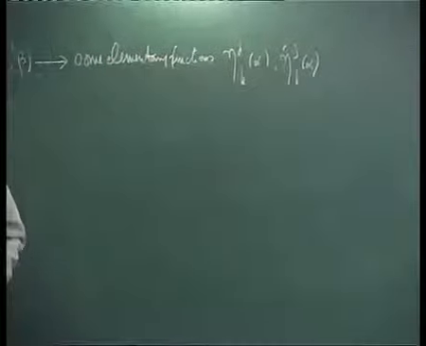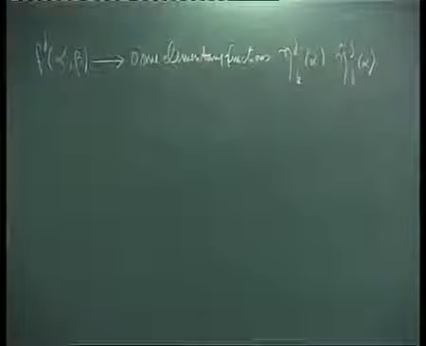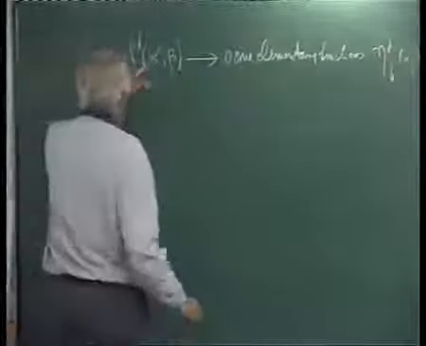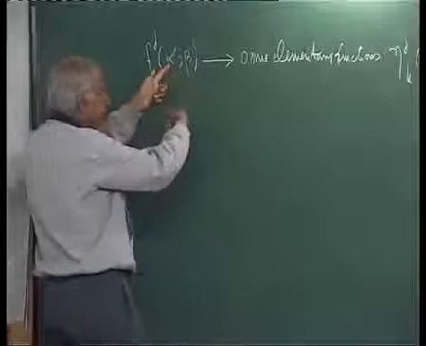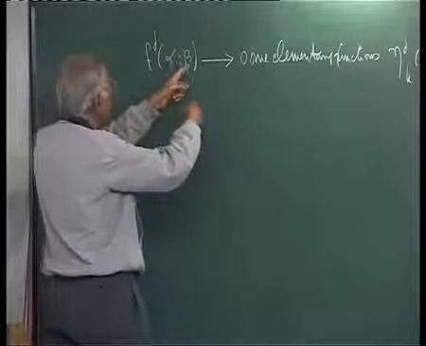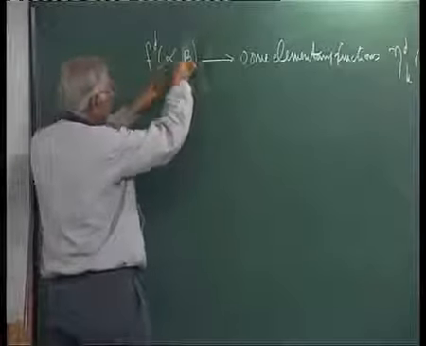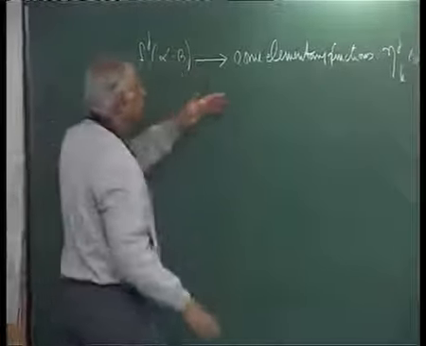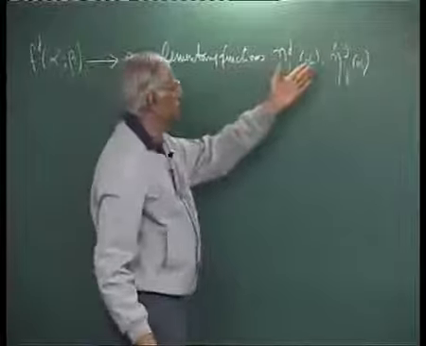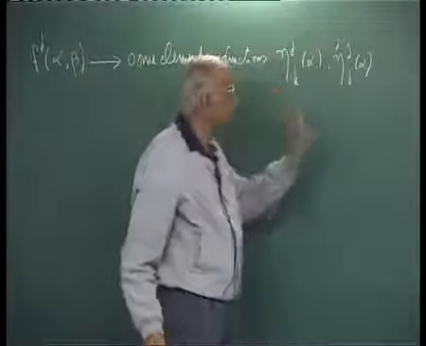From the group composition functions by differentiating with respect to the left argument and then putting it equal to 0, or by differentiating with respect to the right argument and then putting it equal to 0, that is setting it equal to identity, you get one set of functions or this other set of functions.